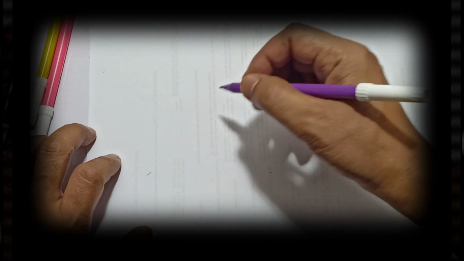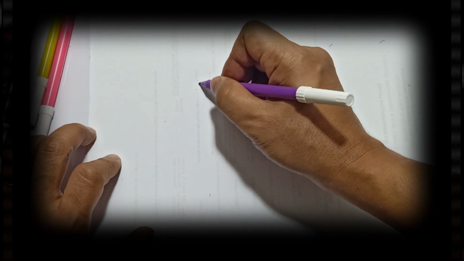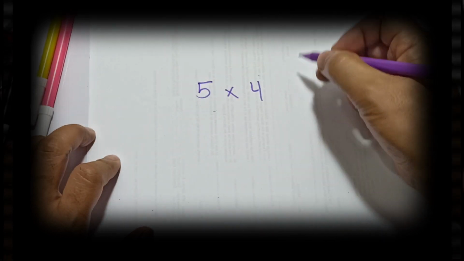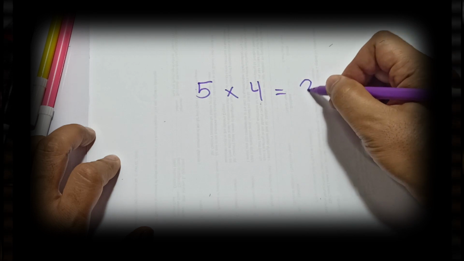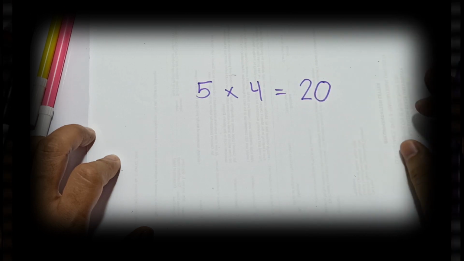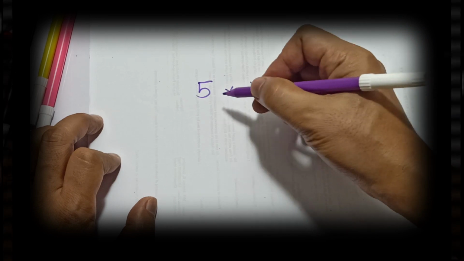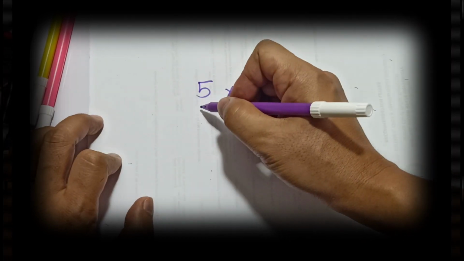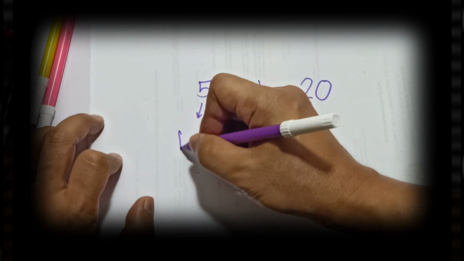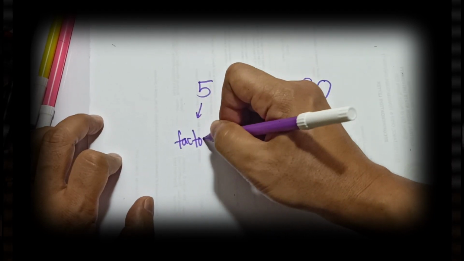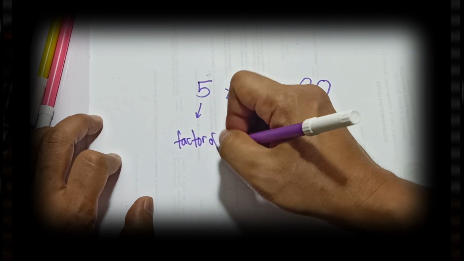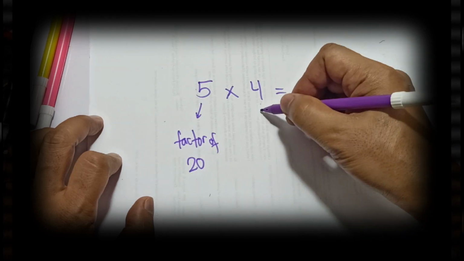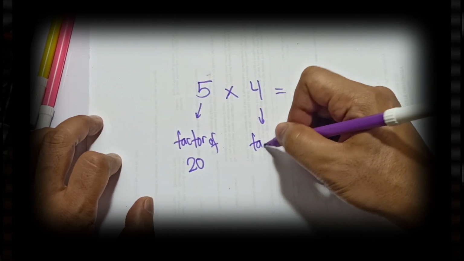So for example, if you have 5 times 4, the answer is 20, right? So we can say that 5 is a factor of 20. And also 4 is a factor of 20.